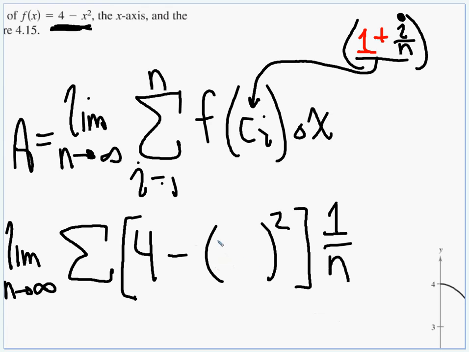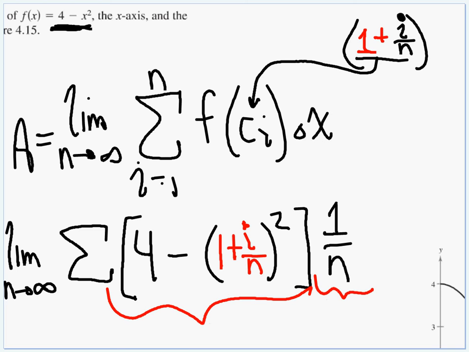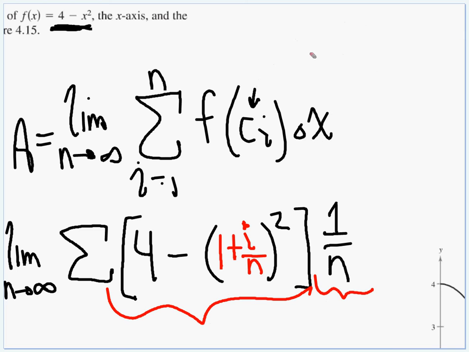What goes in here, though, is our 1 plus i over n. Okay, this is the height of a rectangle. 1 over n is the base of the rectangle.